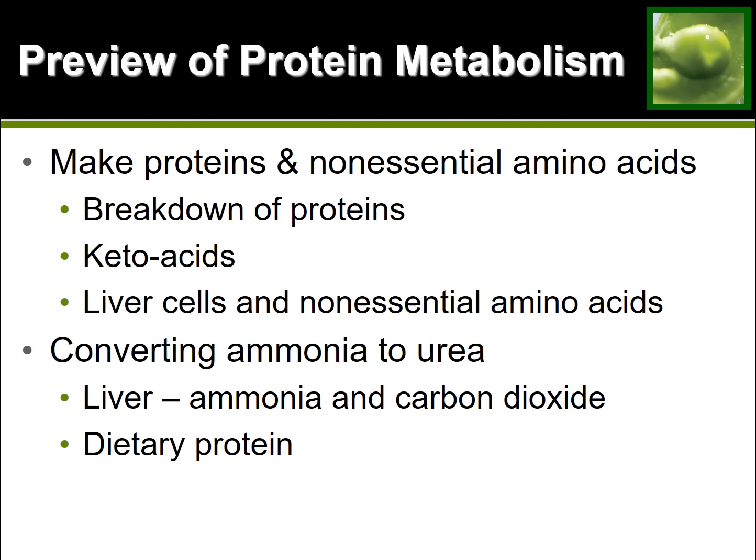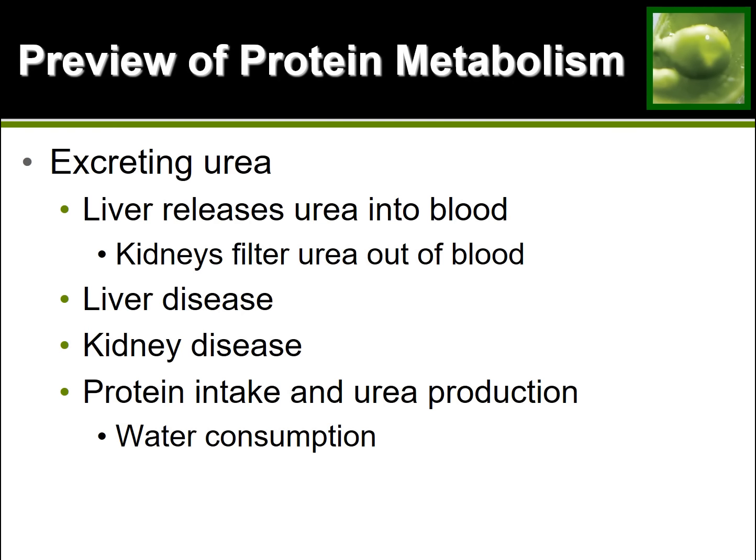So the way that our body prevents ammonia toxicity is by the liver converting ammonia into a substance called urea, because urea is a lot less toxic than ammonia is. Now, after the liver has converted ammonia into urea, then the kidney is going to go ahead and filter the urea into your urine so that when you use the restroom, you are releasing that urea.